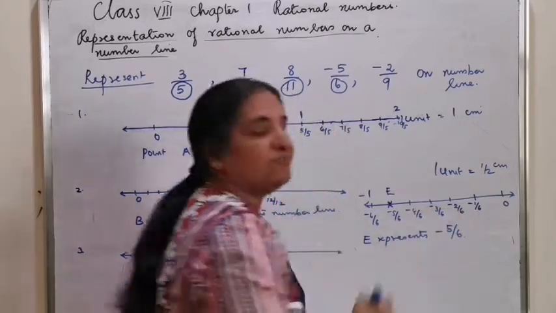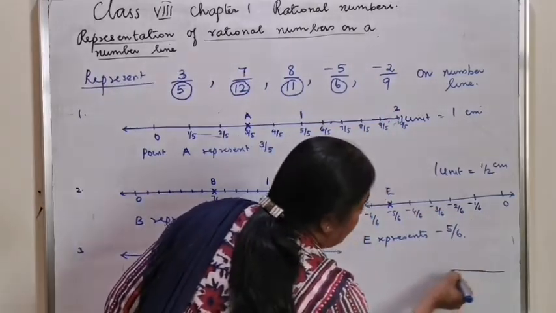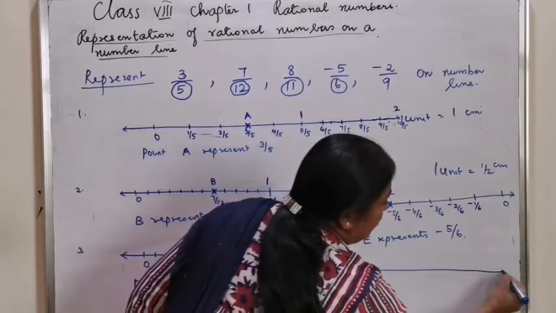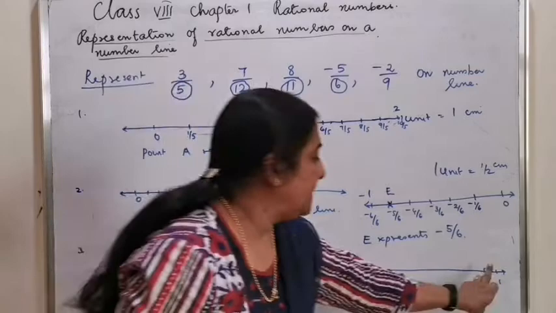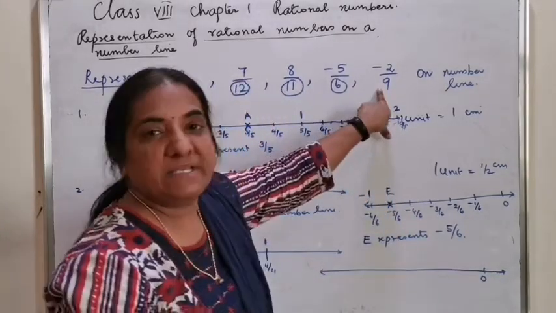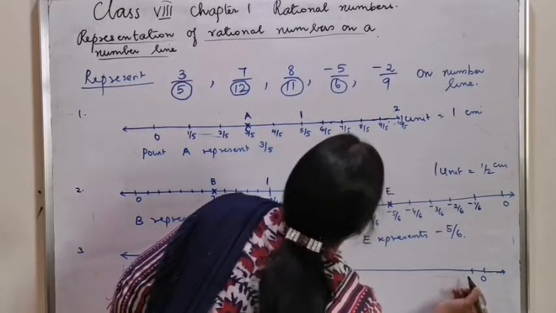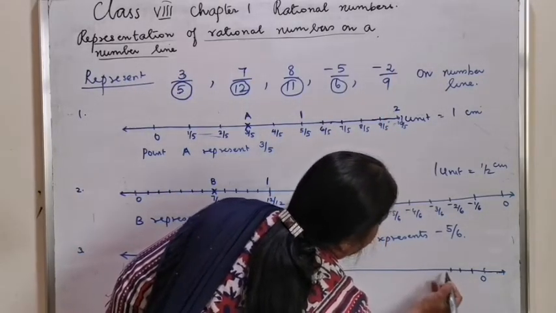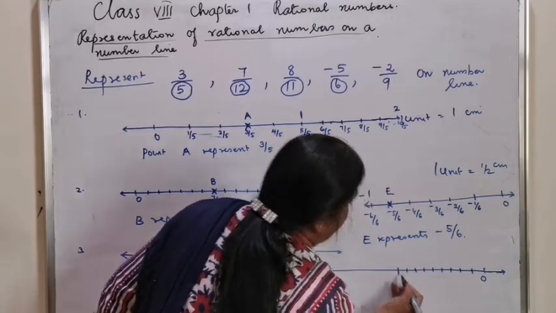point minus 5 by 6. Minus 2 by 9. There is no harm if you take only the left side, or even if you want to plot one point there, but the left side is enough. Same way, the number is 9. Take half centimeter as 1 by 9, 2 by 9, 3 by 9, 4, 5, 6, 7, 8, 9.